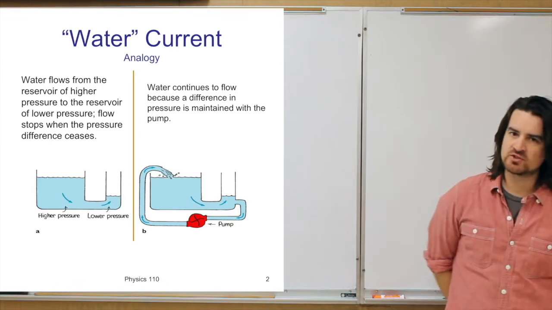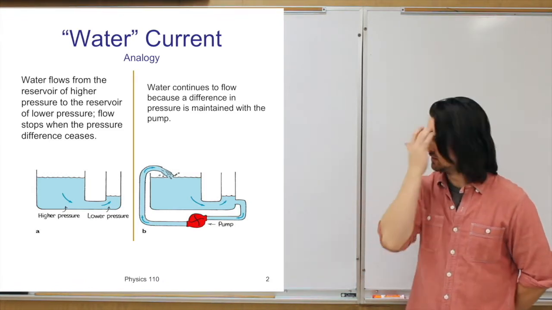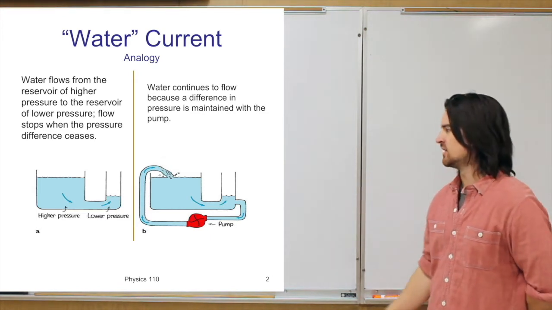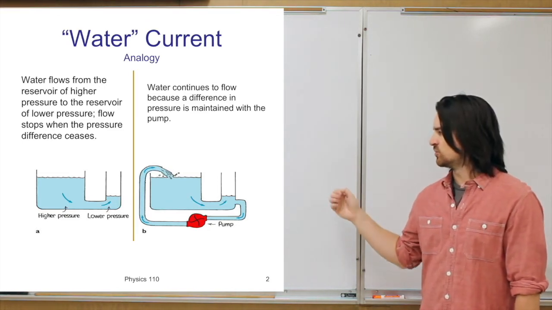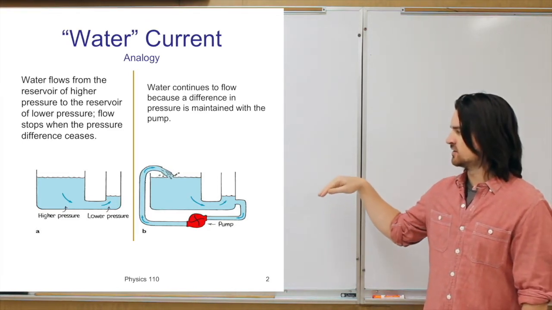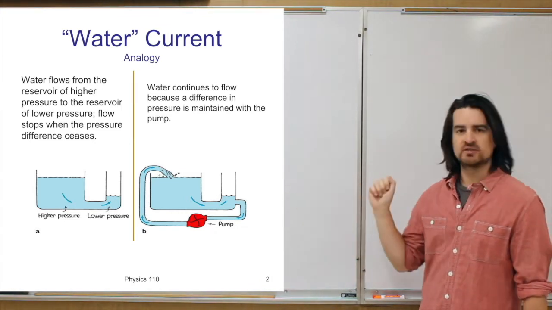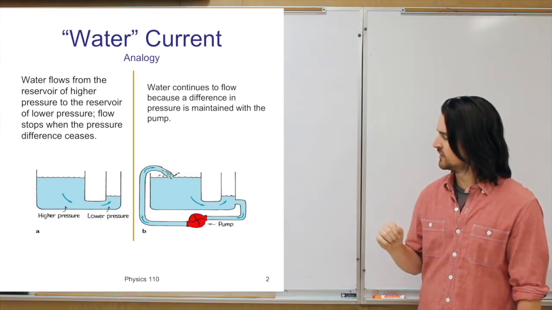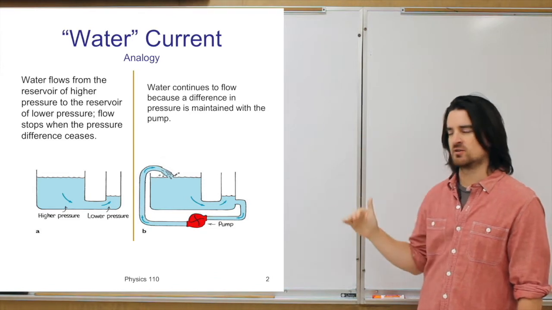So if instead of just having a temporary flow of water current, you wanted to sustain that flow, then we'd have to put in something like a water pump. If we connected a pump to the right side of the U and then output it to the left side, just like the picture here, then we could actually sustain that difference in water pressures.